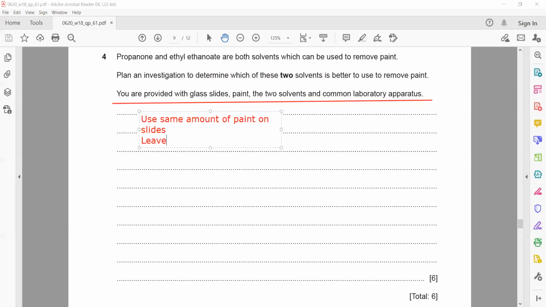Then we will leave it to dry, because wet paint can be easily removed. Then we will add drops of propanol until the paint is removed.